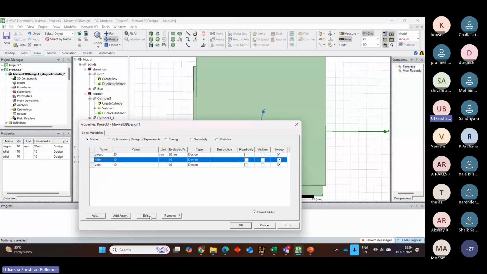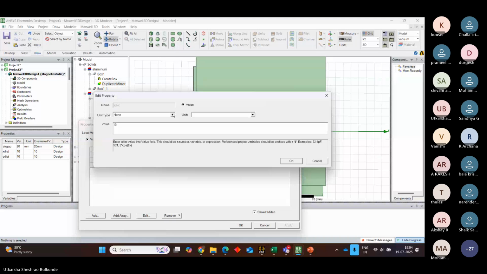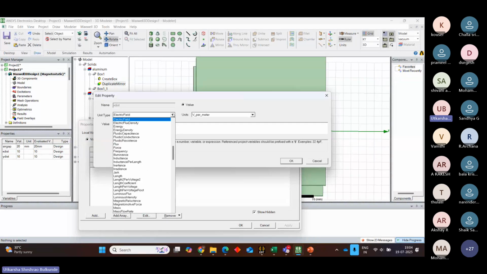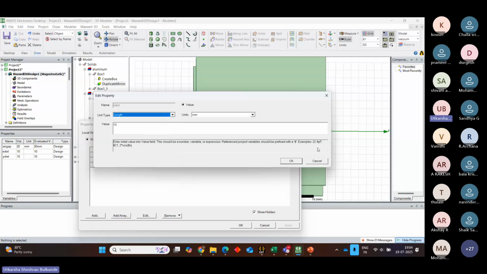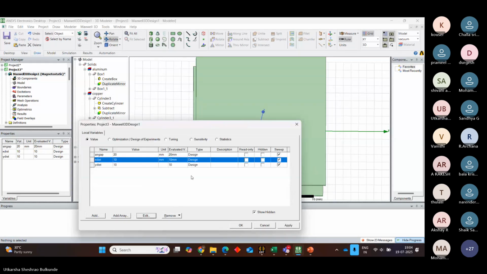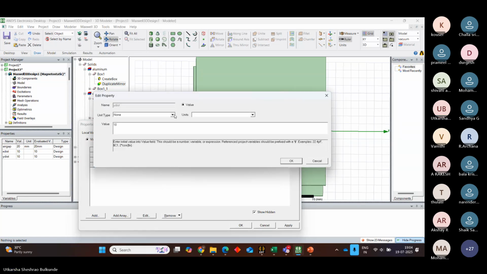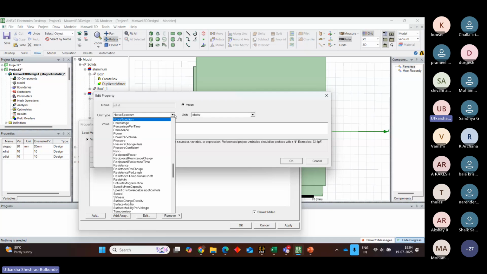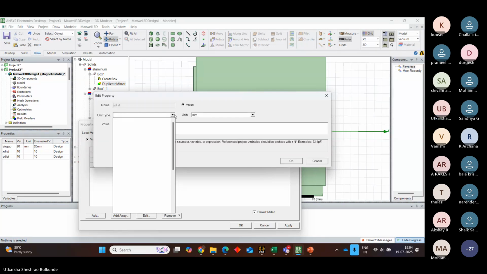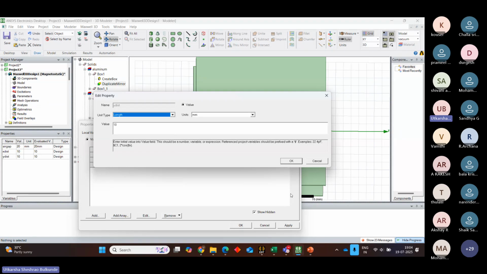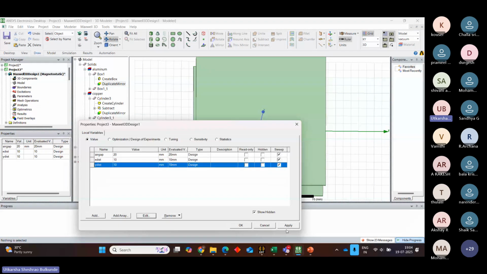Let's just edit it. Length base. This also, edit. Keep as length base. Apply.